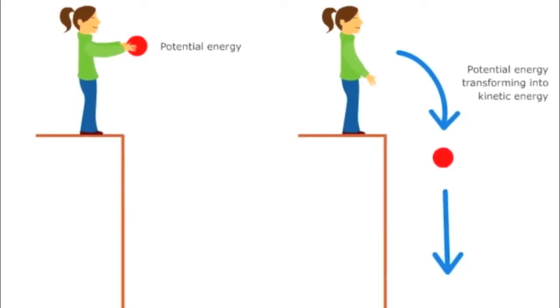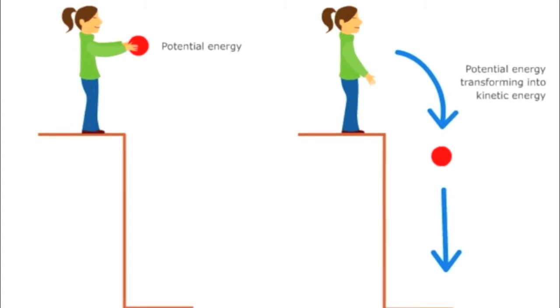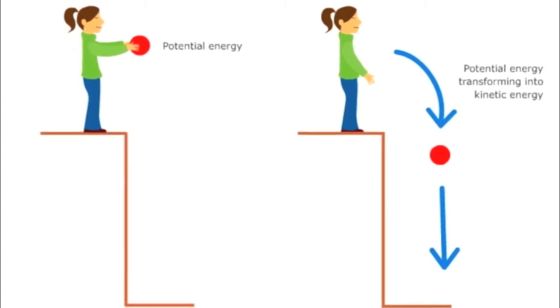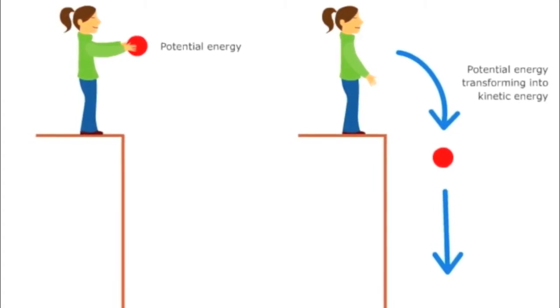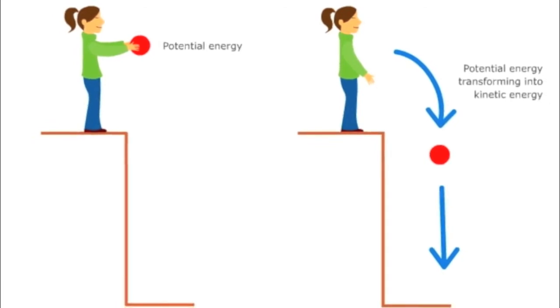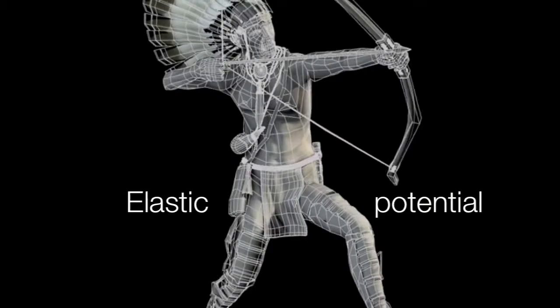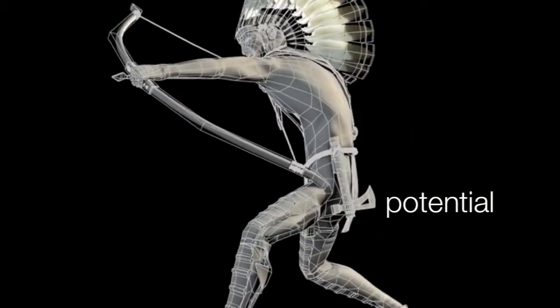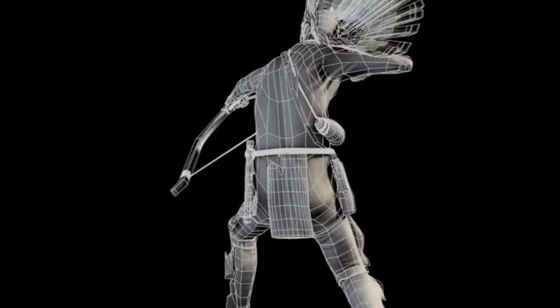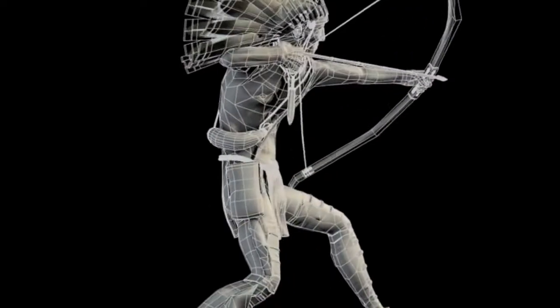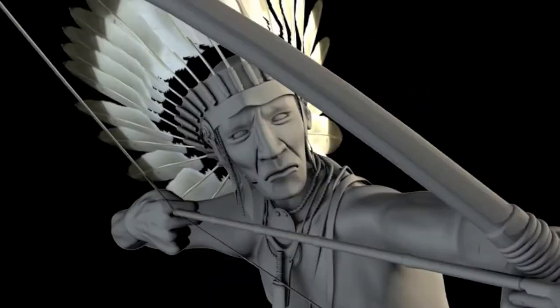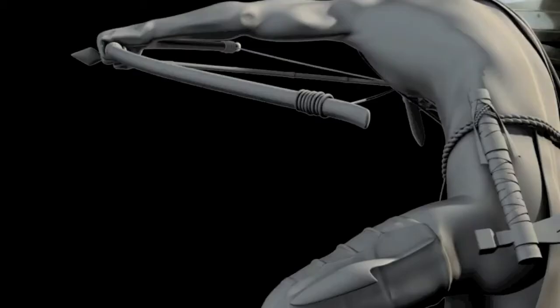Energy is found in two states, potential or kinetic. Potential energy can be found in different forms. There is elastic potential, where the stored energy of a material is stressed or compressed, like a bow or rubber band.